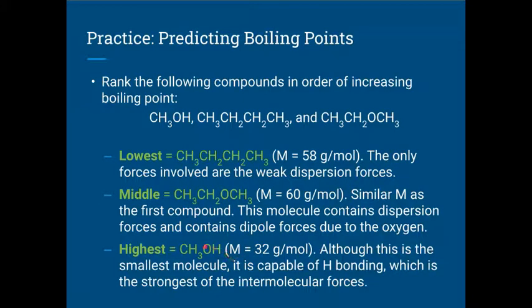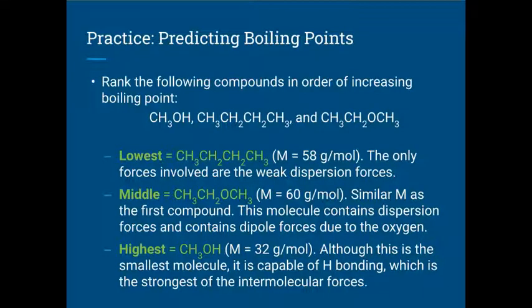The last one, this oxygen is covalently bound to the hydrogen. So here you have hydrogen bonding. So even though this guy's smaller than the other ones, about half the size, it has that hydrogen bonding, which is the strongest of all the molecular forces. So it's going to have the highest boiling point.